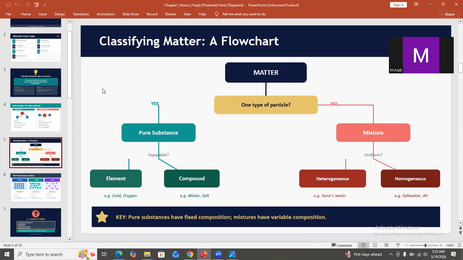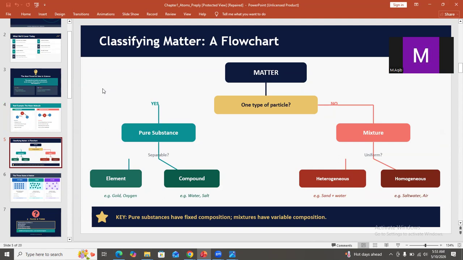Okay, so matter can be classified as either pure or impure. For a pure substance, the question is: does it have only one kind of atoms or molecules, or does it have different kinds of atoms or molecules?